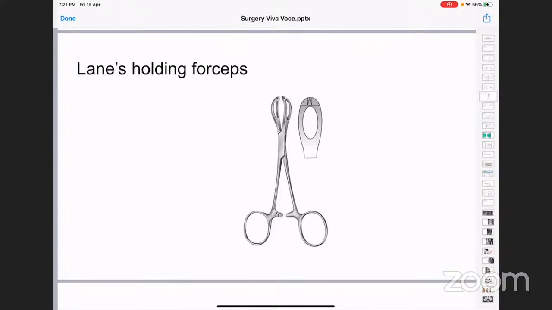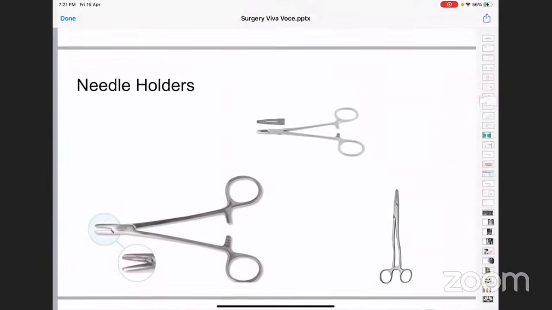So this is used to hold tissues during various surgeries. It is used to hold the breast during the mastectomy, and then it is used for holding other tissues. The fenestration that you see is for the tissue to bulge out when you are holding it. So this is one other important instrument that you should know about.